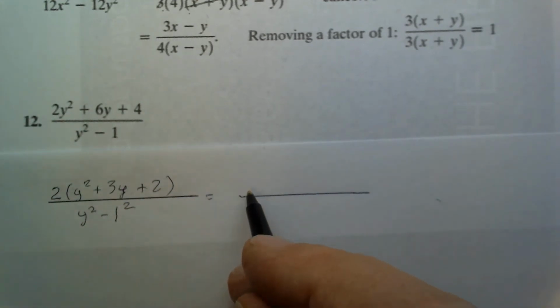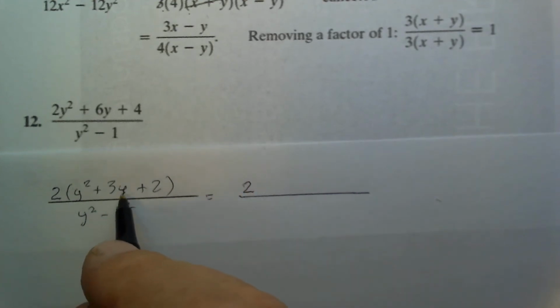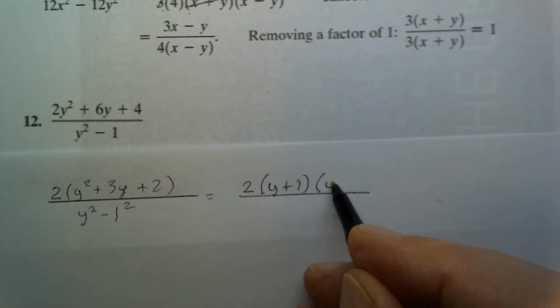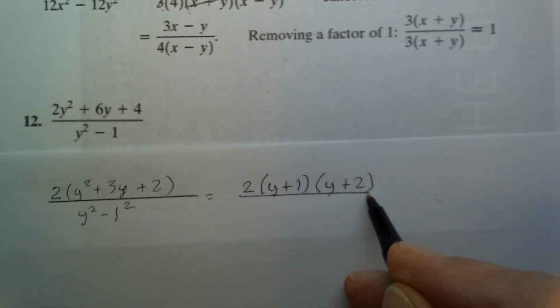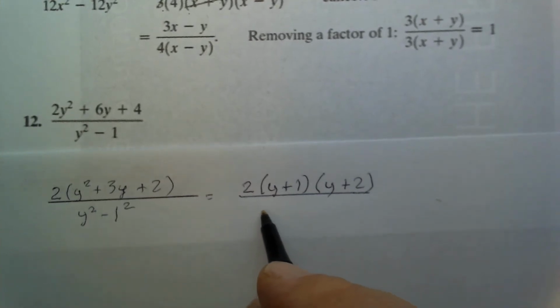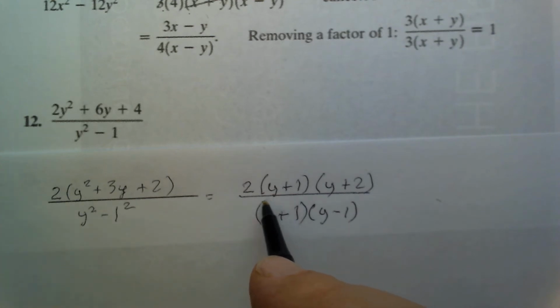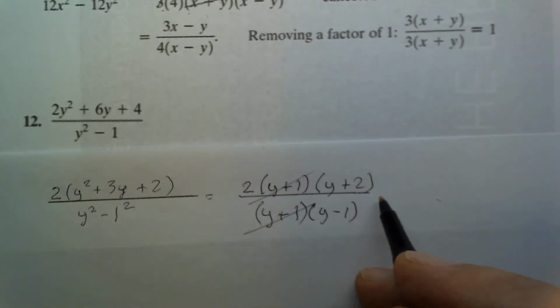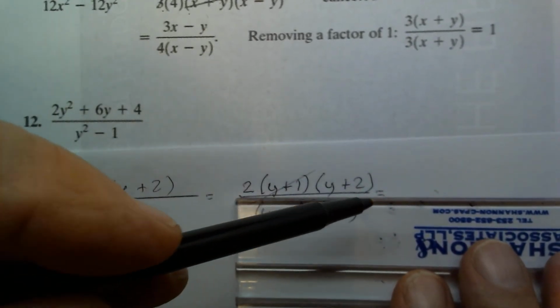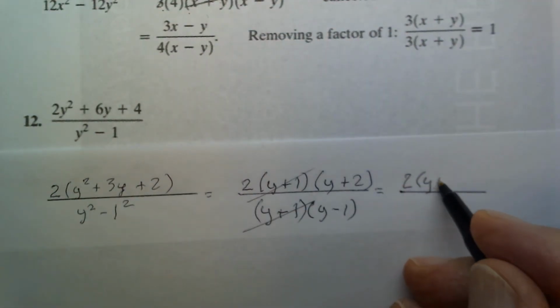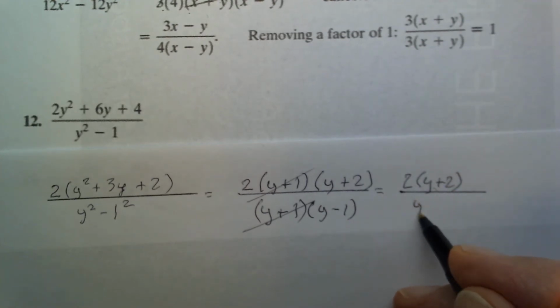We have the 2, and y squared plus 3y plus 2 factors into y plus 1 times y plus 2. And we know the denominator is a difference of two squares, so that is y plus 1 times y minus 1. And now we can cancel the y plus 1 factors. And so then the answer is 2 times y plus 2 divided by y minus 1.